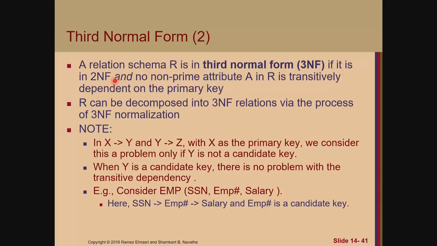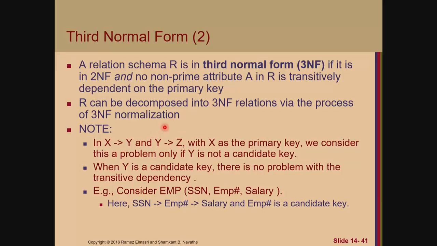So we can make sure that if it's second normal form, this of course first normal form already. Okay, and no non-prime attribute A in R is transitively dependent on the primary key. R can be decomposed into third normal form relations via process of third normal form normalization.